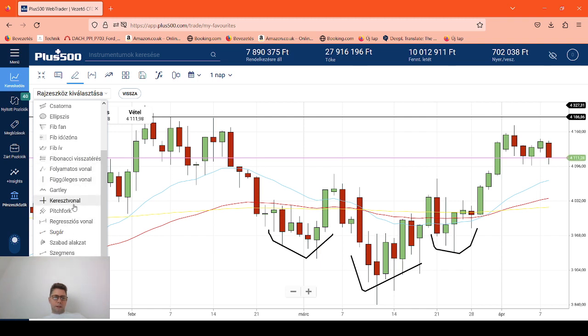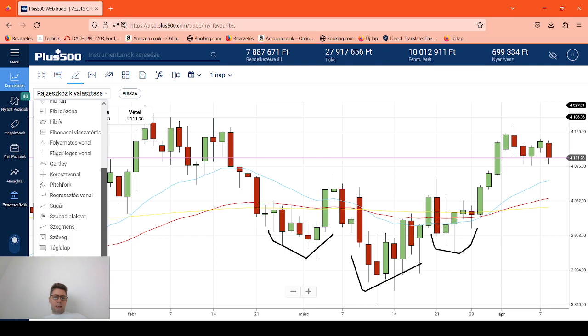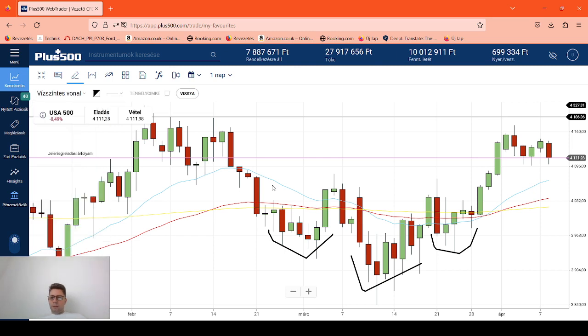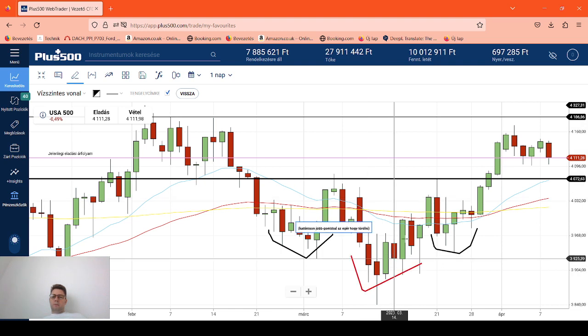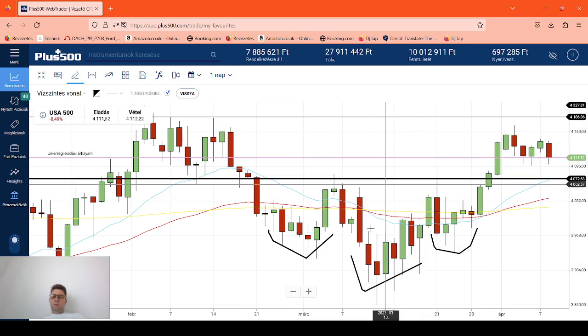But anyway, let me draw the neckline and then I will measure the price target. We can look at the wick, and then the neckline is around here, or just the bodies. Let me just look at the wicks and measure it.